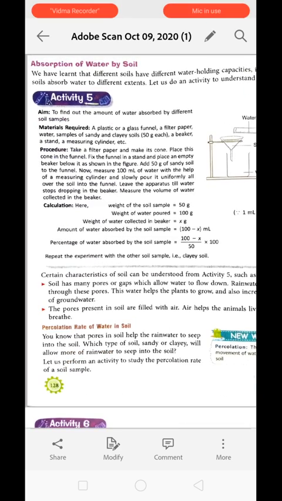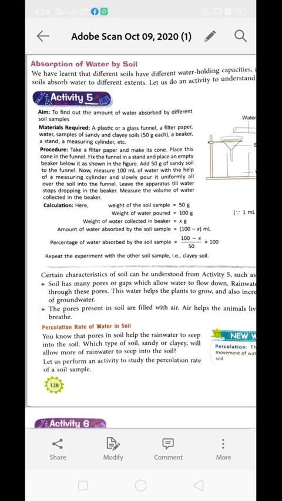Based on activity 5, we can understand that soil has certain characteristics. For example, the first one is that soil has many pores. These pores help to absorb water from the surface, and rainwater is also absorbed through these pores.